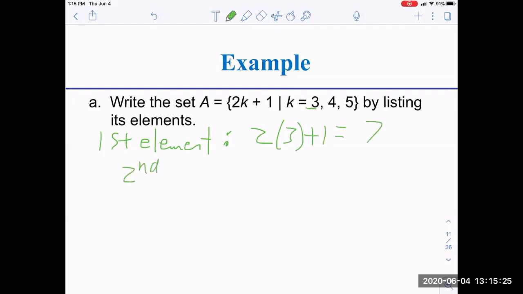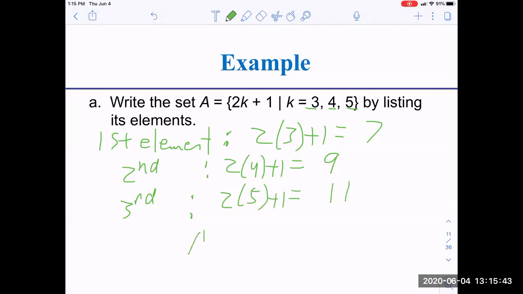The second element of A, now k is 4, 2 times 4 plus 1 is 9. And the third element, I'll do k equals 5, 2 times 5 plus 1 is 11. So my set A are the 3 elements, 7, 9, and 11.